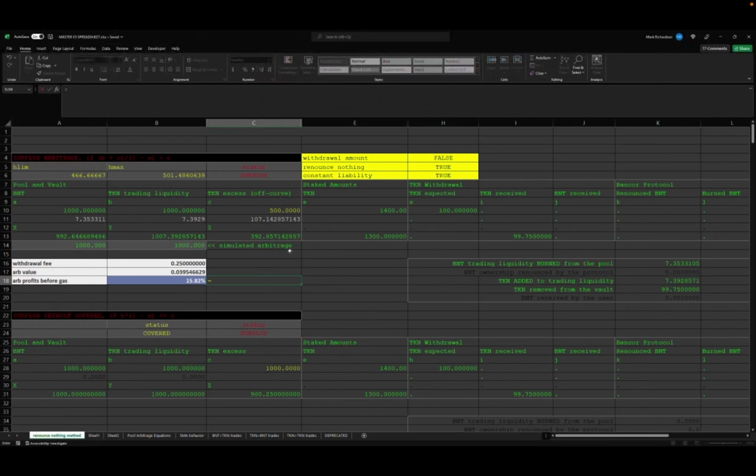We know that the TKN balance of the protocol before the withdrawal started was 1,500, which is these two numbers. And we know that the staked amount was 1,400. And so if we divide that and maybe turn this into a percentage, you can see that there's about a 7% surplus or 107% surplus, depending on your preferred syntax.